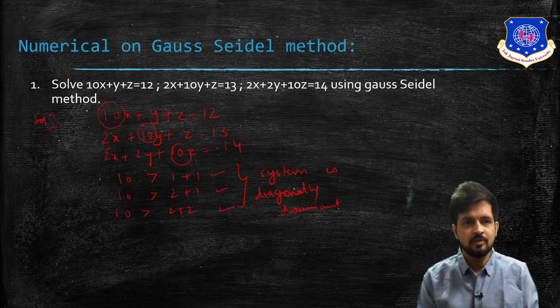After that, from equation number 1, we have to eliminate x, from the second eliminate y, and from the third eliminate z.